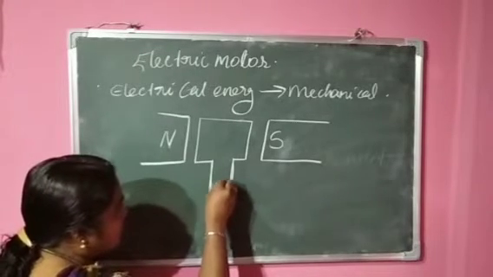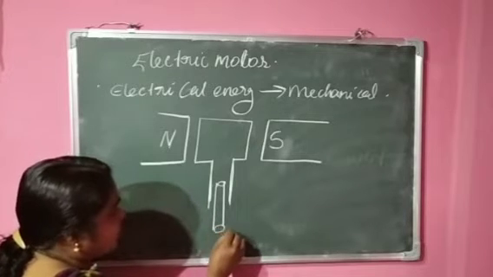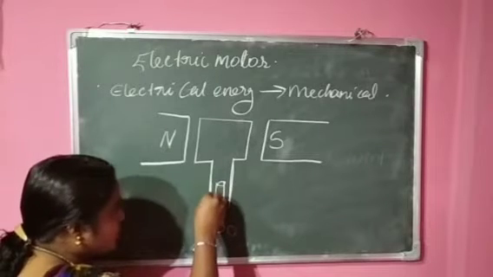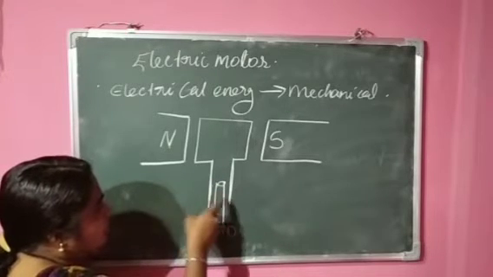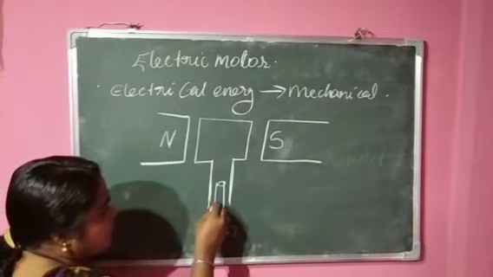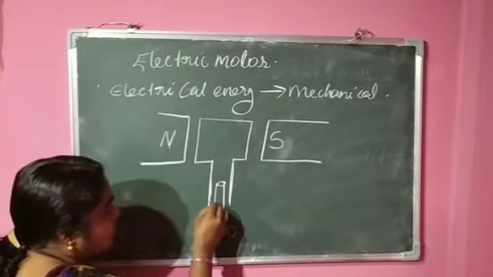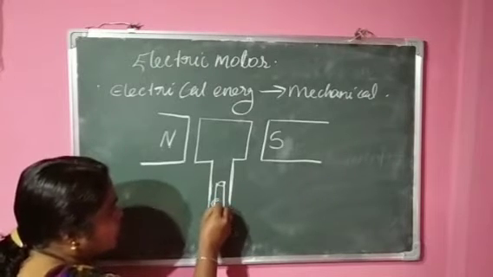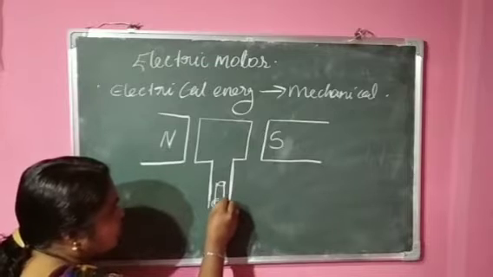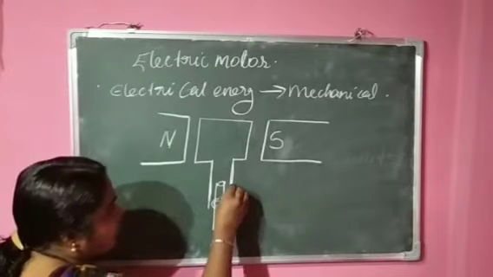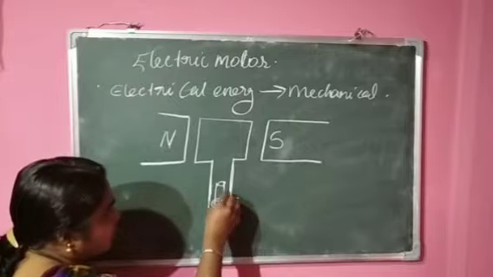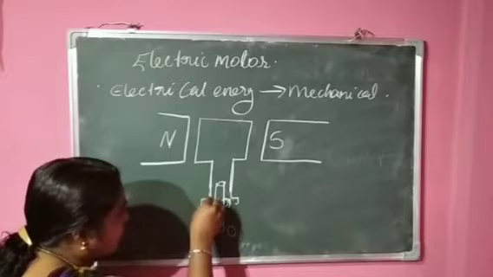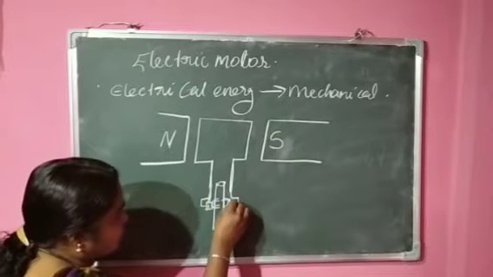And this part is fixed on an axle. This axle is called O, and on either side of this axis, a conducting brush is there. Instead of this conducting brush, two half rings are there. And the arms of this rectangular coil are connected to the rings with the help of these conducting brushes.